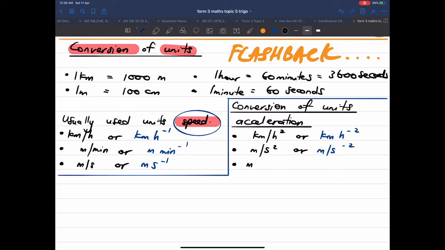The last one is meter per minute square, or meter minute -2. So this is the conversion of units they use for acceleration. Okay, so make sure you take note.